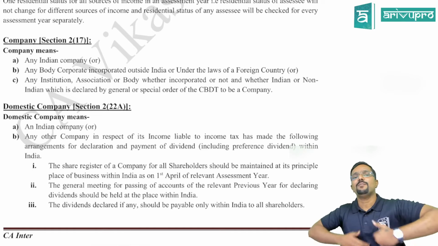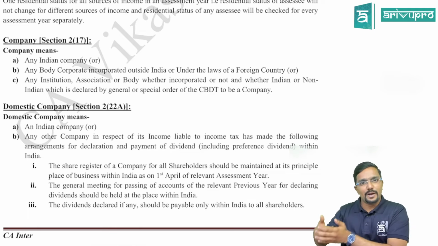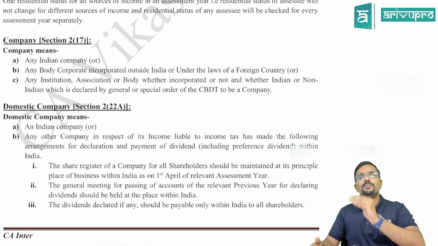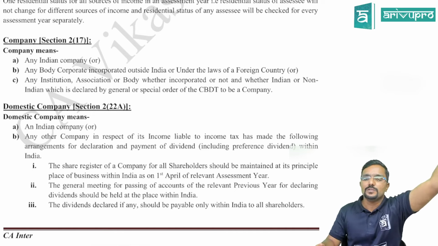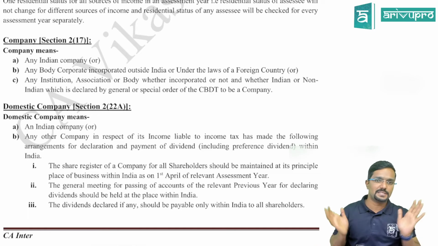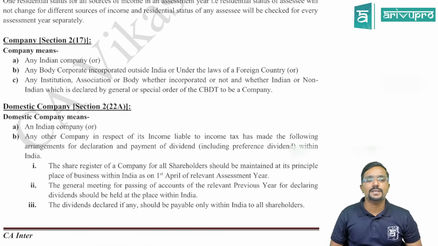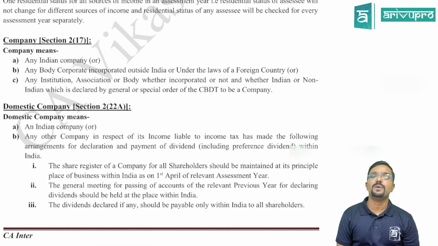Means if I am a company, assume Facebook, now Meta, or Microsoft, all these are companies which are incorporated outside India under their respective laws. So will we treat them also as a company for India purposes? Yes, under income tax. Next, any institution, association or body, whether incorporated or not, and whether Indian or non-Indian, which is declared by general or special order of the CBDT to be a company.